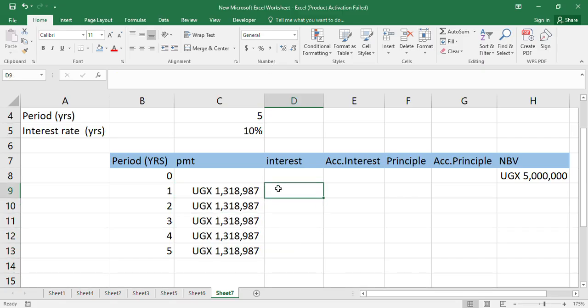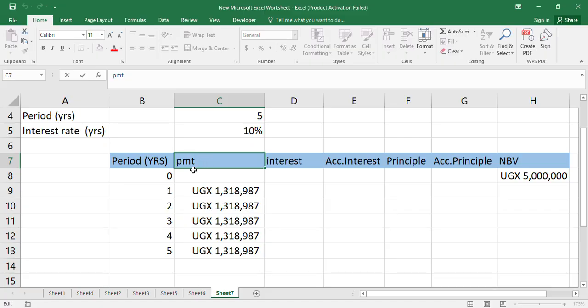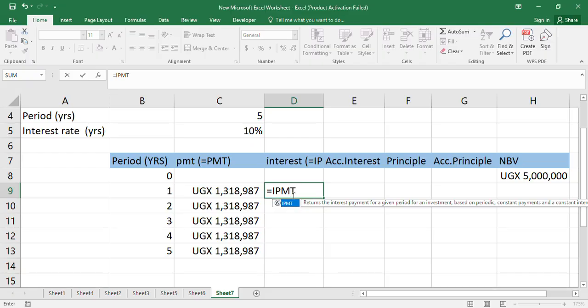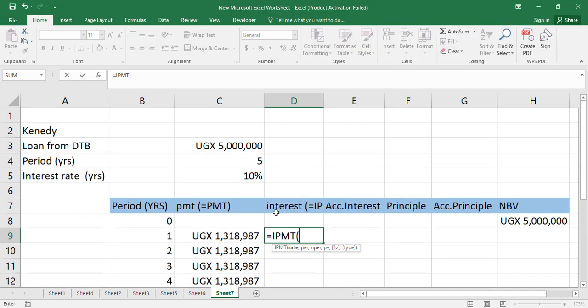Now we shall have our interest. Remember the formula we used for PMT. For the interest, we have an inbuilt Excel formula, which is equals to IPMT. It needs the rate for the year.